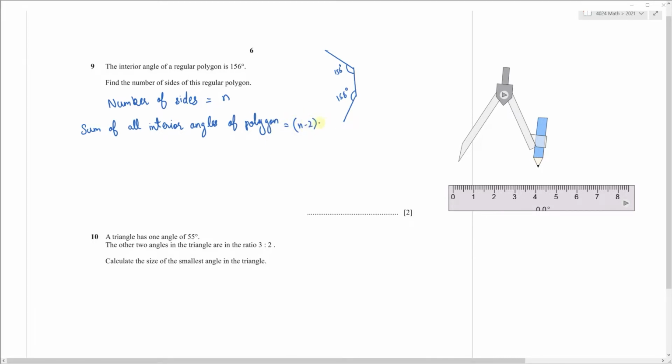N minus 2 into 180, right? You know this formula. For any polygon, triangle has 3 sides, so 3 minus 2 into 180 is 180. So sum of all the interior angles of a triangle is 180. Similarly, sum of all interior angles of a polygon with n sides is n minus 2 into 180.